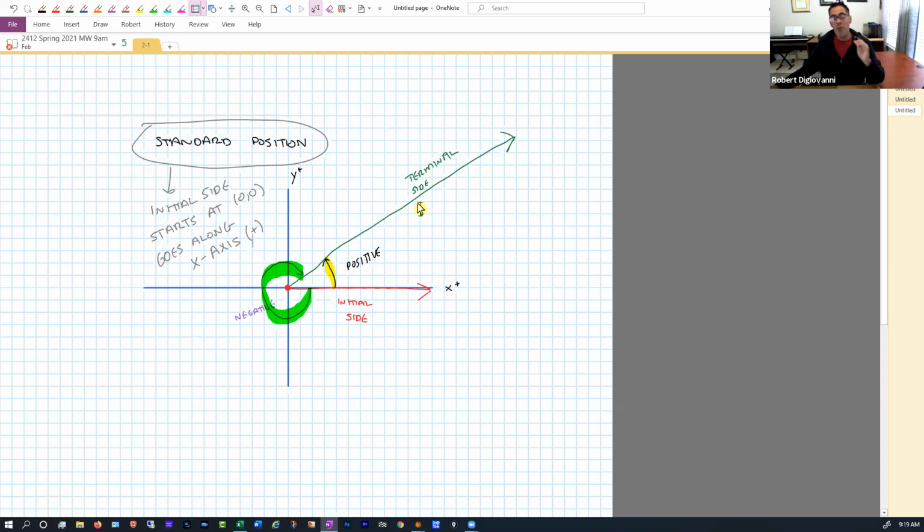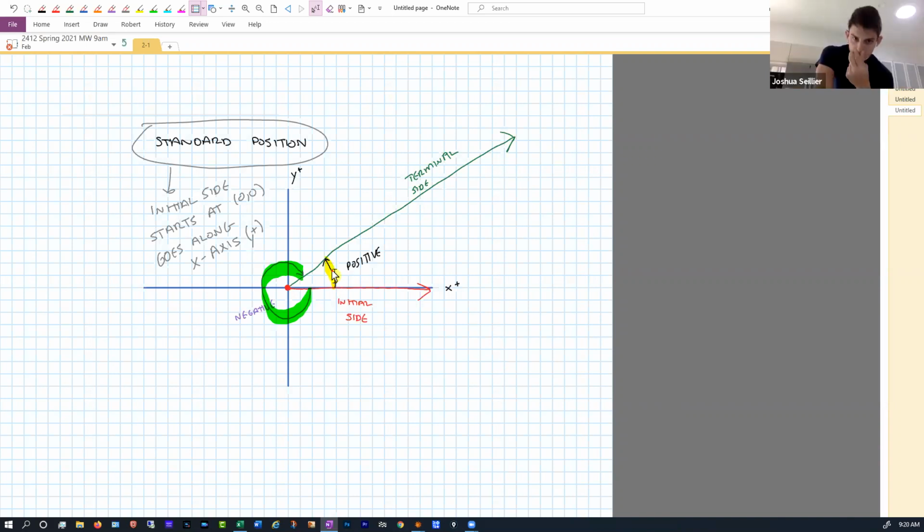But if we draw all of our angles in standard position, then we will all get the same answers in terms of our angles. Like we'll all agree that this angle right here, the positive angle between these two, is the same measurement, or that angle measurement is consistent with all of us because of where we've placed our initial side.